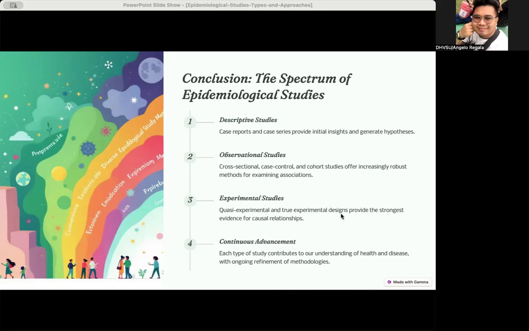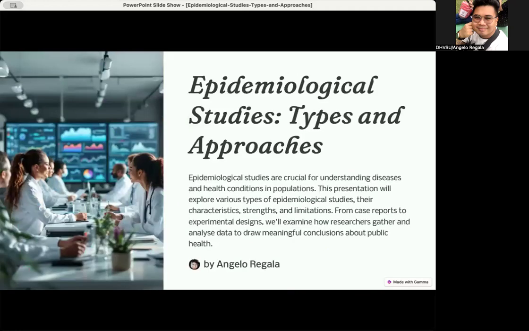As we discover new things, new information, we advance to look for answers to new information or new questions that may arise. So again, these are the epidemiological studies that you can use when you conduct researches.